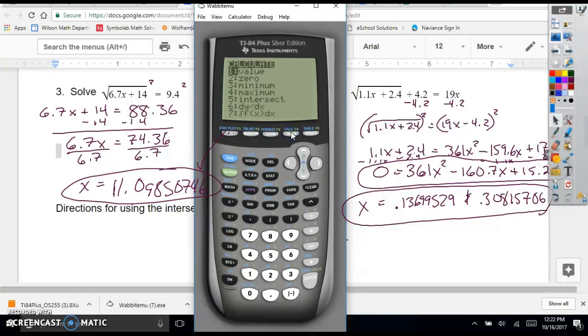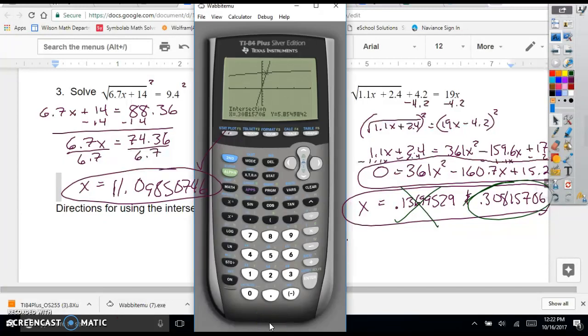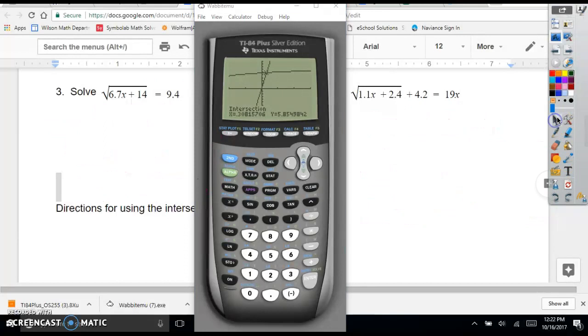Remember, to do an intersect, you do a second trace, the fifth selection. First curve, second curve, and then guess, we just click through them. So the one that looks like it's correct is this one. It would be this guy. This is your extraneous. They never hit a second time. Right? And you can see that. That's the hit right here. So, moving down.